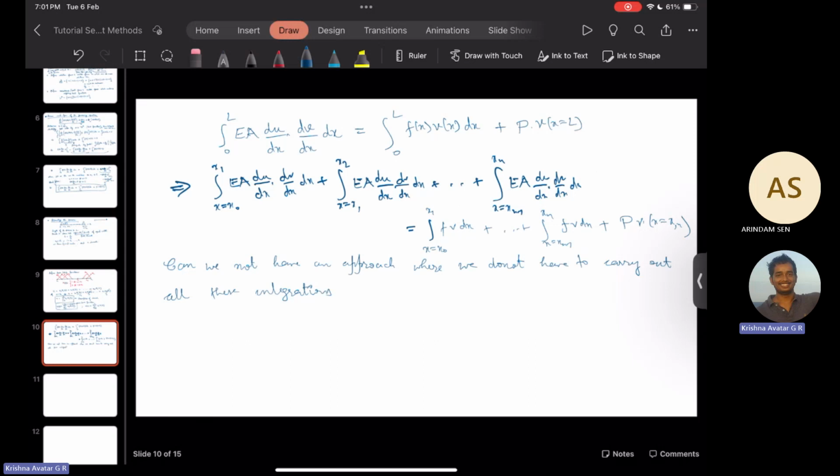You can clearly see that the larger the number n, the more the number of integrals we have, and that becomes very complicated. So that's why we would like to seek a way where we have some systematic way of doing integration, so that all these integrations can be performed very simply using some templates, right? So let's do that.